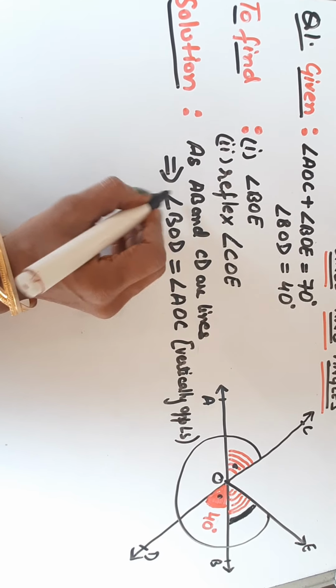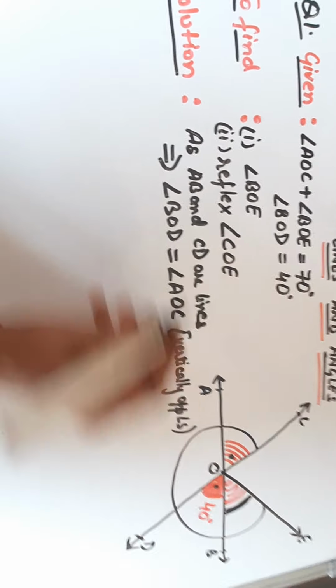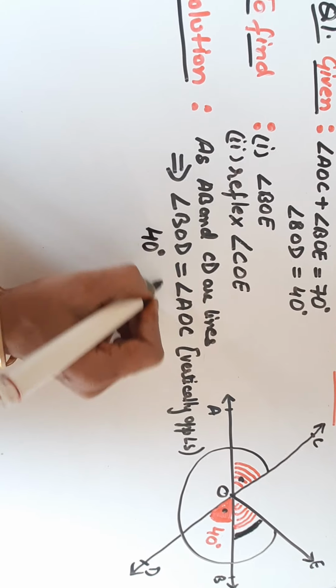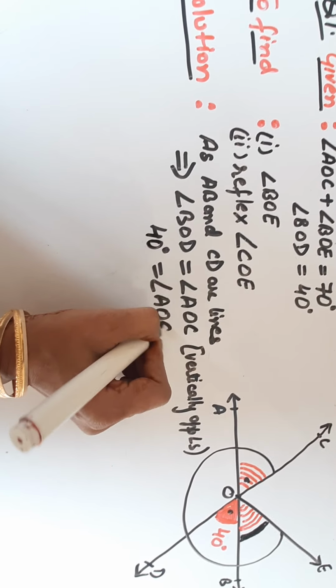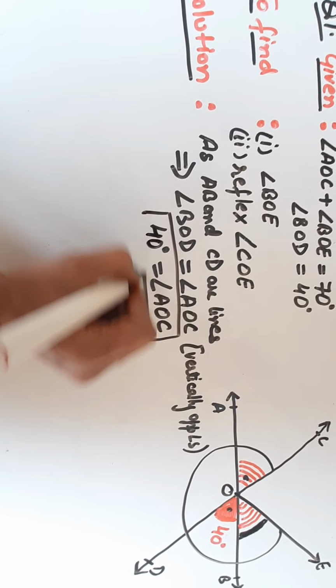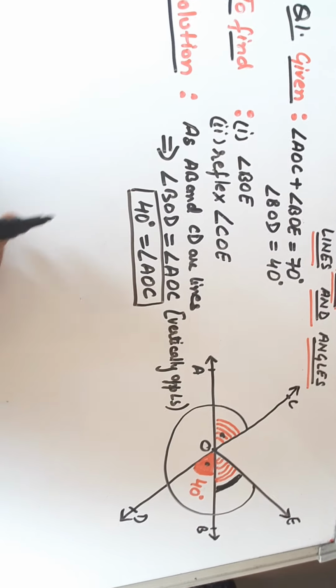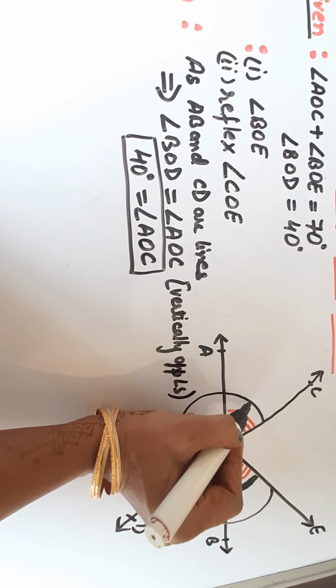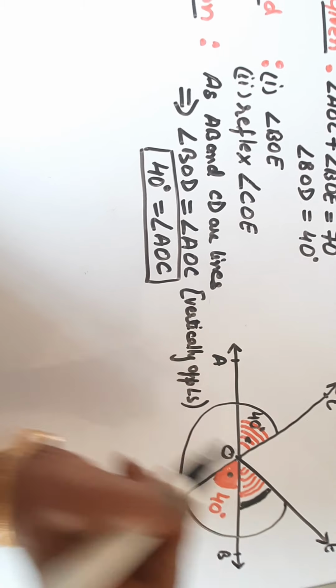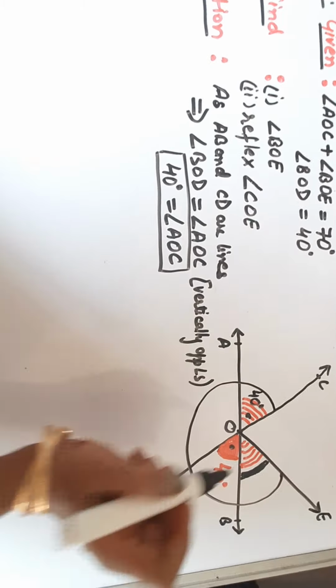So if angle BOD is given to us as 40 degree, then let us put the value, then angle AOC will also become 40 degree, right? This is 40 degree. तो ये भी हमारा कितना आ गया? 40 आ गया, right? Now the sum of these two angles is given to us as 70 degree.